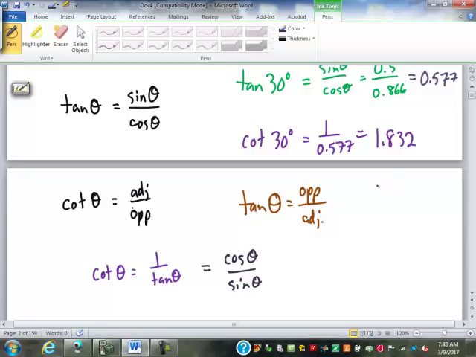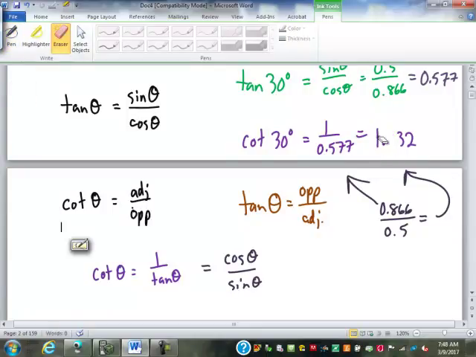So for that cotangent, we could have done cosine of 0.866 divided by sine of 0.5, and that should also give us, it's not 1.8, it's 1.732, is that? 1.732. So these are what we call ratio identities and reciprocal identities. They're just trig functions that are related to each other because of the way the sides line up on the right triangle.